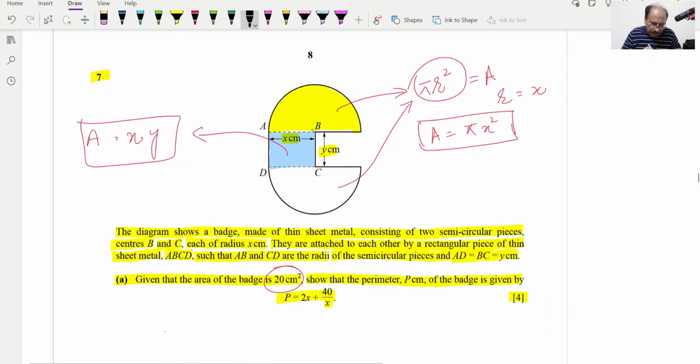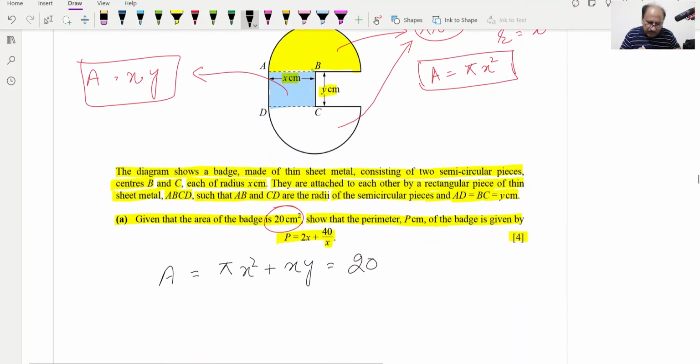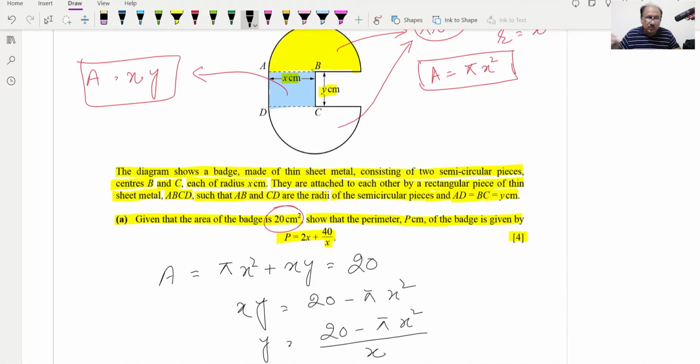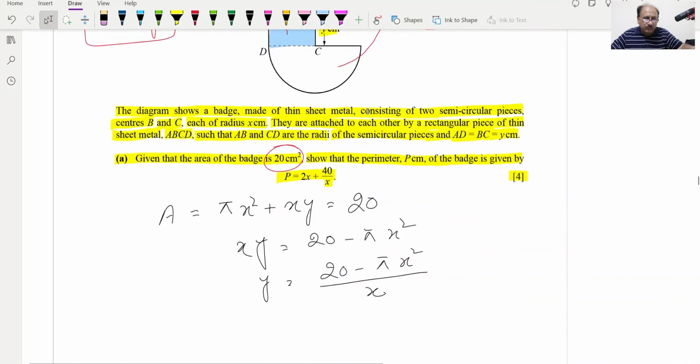So we can write: area of the badge is pi x squared plus xy is equal to 20. This is the equation we formed, and from here we can write xy is equal to 20 minus pi x squared, and then y is equal to 20 minus pi x squared over x. So this will be the y value which we will be using.